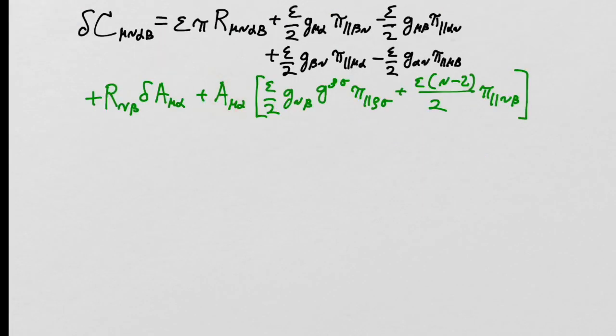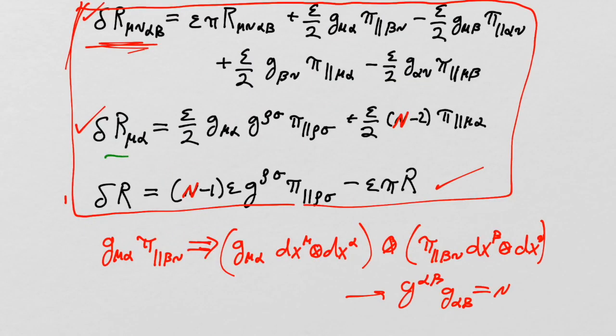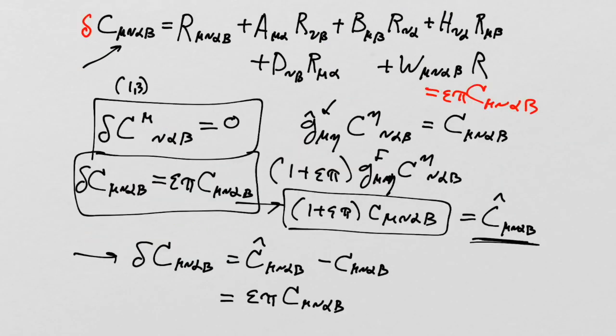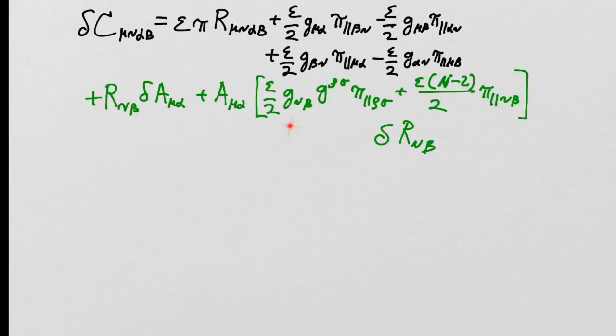Well, here's A mu alpha, and this is the variation of R nu beta. You'll notice that all of the other indices are fully contracted, so they go away. And you're just left with nu beta, and you have this. This is not a nu, this is an n. This is an n, the number of dimensions. And that expression came all the way from here, right? That came from right there. Epsilon over 2, g mu alpha, full contraction, n. Okay. So that is one of 4 terms that have to be identical.